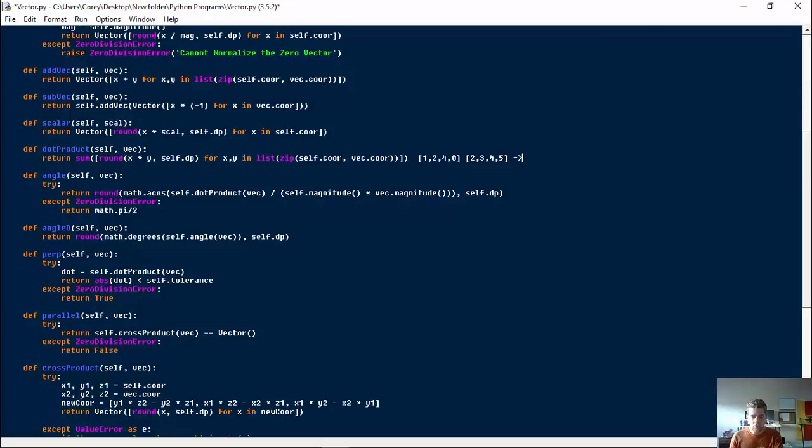So the resultant zip will really be tuples like that, but I'm just going to write 1, 2, then 2, 3, and then 3, 4, and then it won't even do the last one, because this 5 has nobody to pair with. So it'll be as if 5 was multiplied by 0. So dot product will check out, scalar checks out because it goes through everybody.